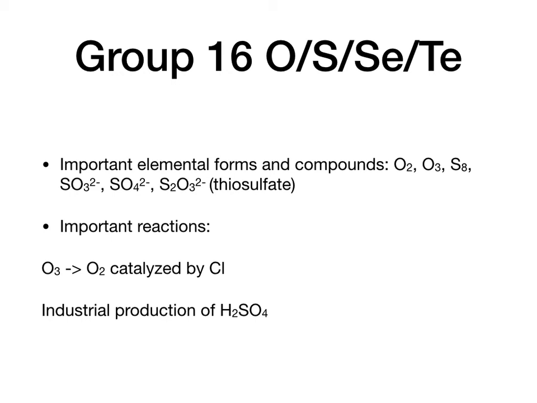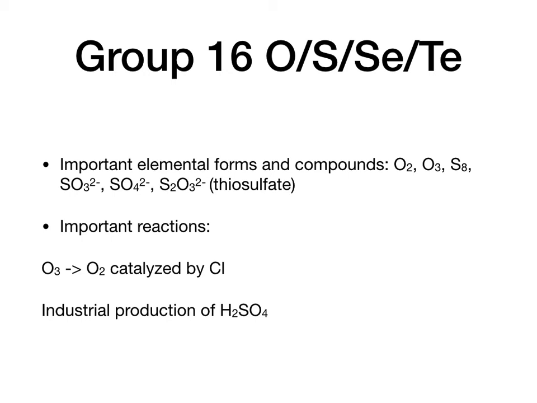There's S8, sulfur. Unlike oxygen, the most common form is not S2, instead it is S8. However, at high temperature, S8 does break down to produce S2, so there's still some similarity between oxygen and sulfur.